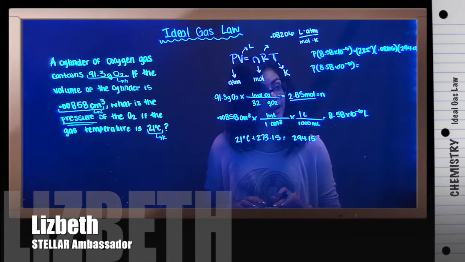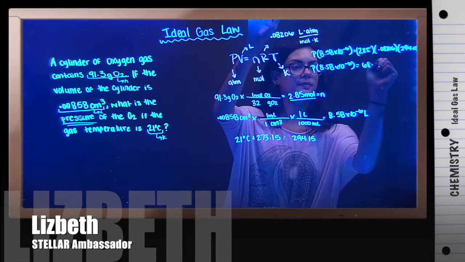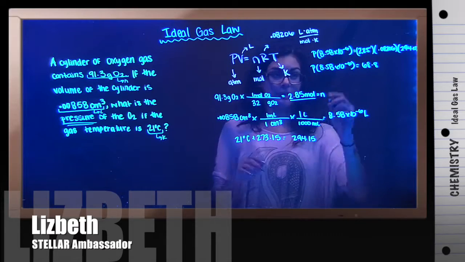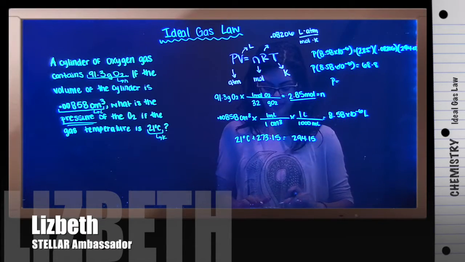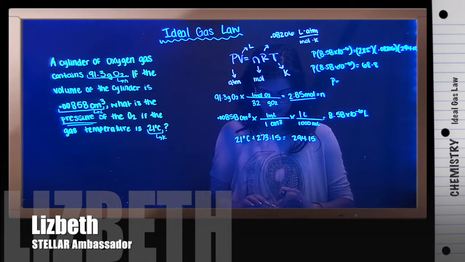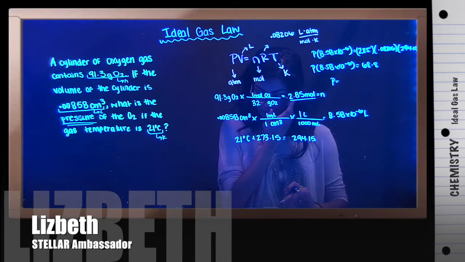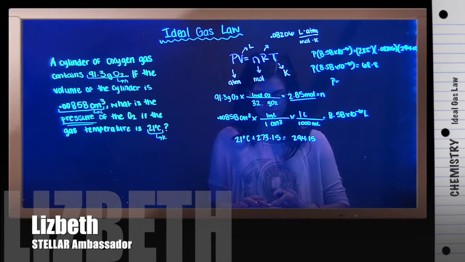So we have 2.85 times 0.08206 times 294.15. That gives me 68.8. And I'm going to divide by the 8.58 times 10 to the negative 6. Let's do that again.